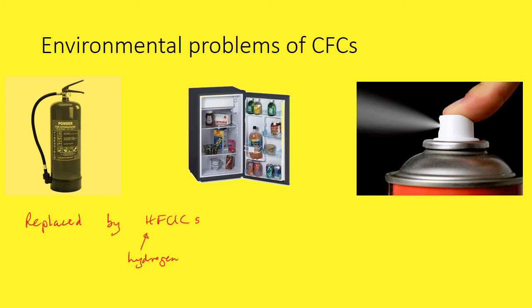So that's one way you can do it, and the other replacement is hydrogen fluorocarbons. So you haven't got any chlorine in there at all. So they're less dangerous, all right. So that's one way that we're solving the CFC ozone problem.